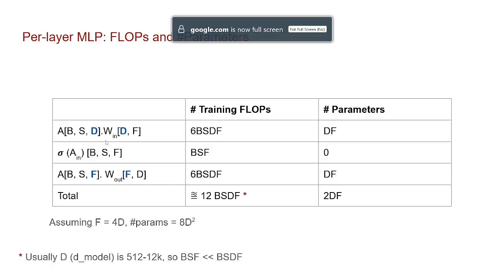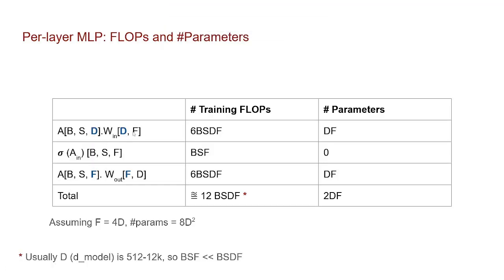So in the MLP layer, for the first linear projection, we multiply these two tensors, and the number of training flops we have for this, just like we saw earlier, is 6BSDF: 2BSDF from the forward pass and 4BSDF from the backward pass.